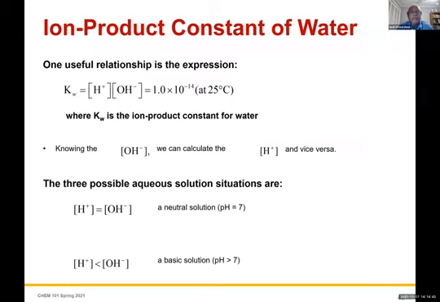This is mainly used to get the pH. At neutral pH, the hydronium ion concentration is equal to the hydroxide ion concentration. pH 7 is 1 times 10 to the negative 7 hydronium ion concentration. Therefore, hydroxide has to be 1 times 10 to the negative 7 to get the ion product constant of 10 to the negative 14.